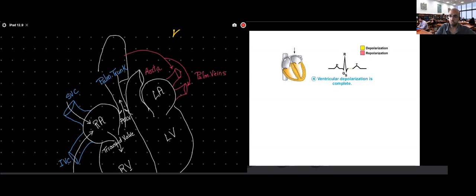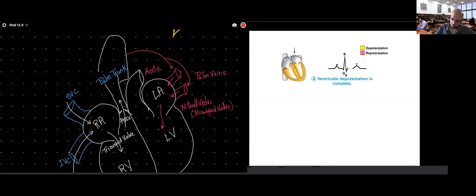Remember, this oxygenated blood that traveled to the left atrium will travel down to the left ventricle, passing through another AV valve. This is the mitral valve, or what we call the bicuspid valve.